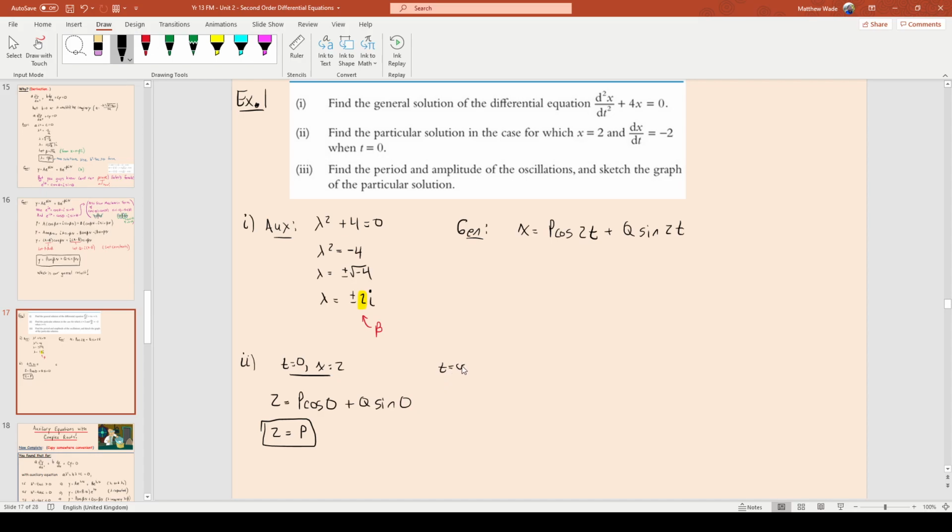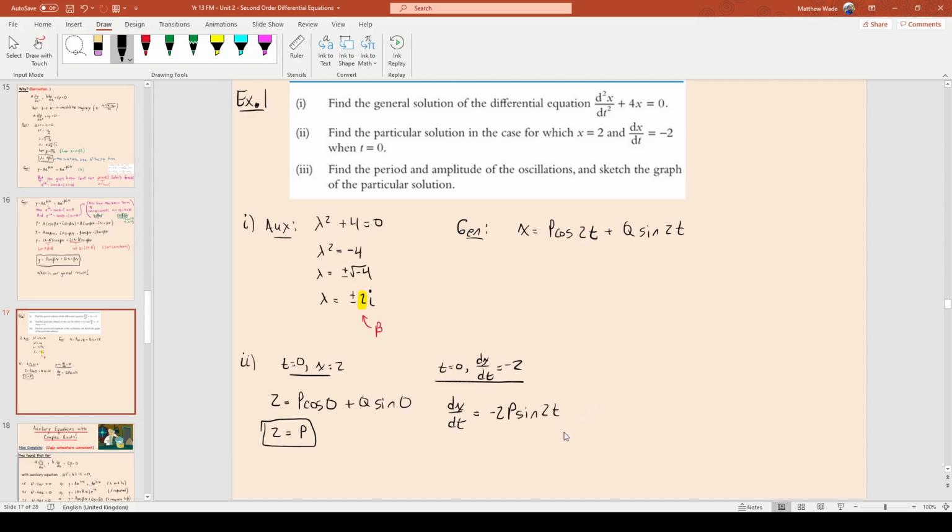That one, t is 0, had dx/dt equaling -2. So we've got to differentiate the general solution first. dx/dt is going to equal: cos differentiates to negative sine, so this is -2 from the chain rule, p, because it's chilling, sine of 2t.